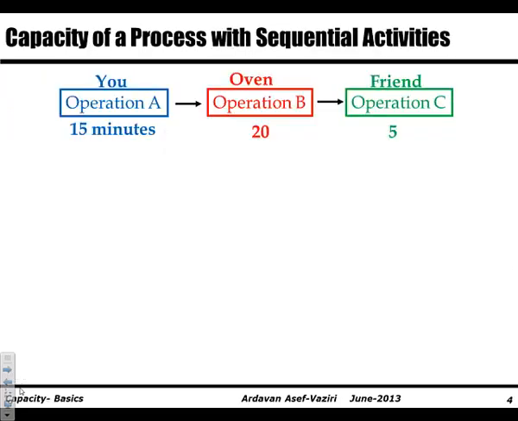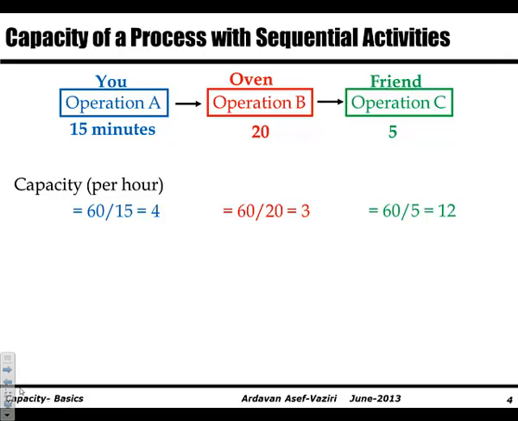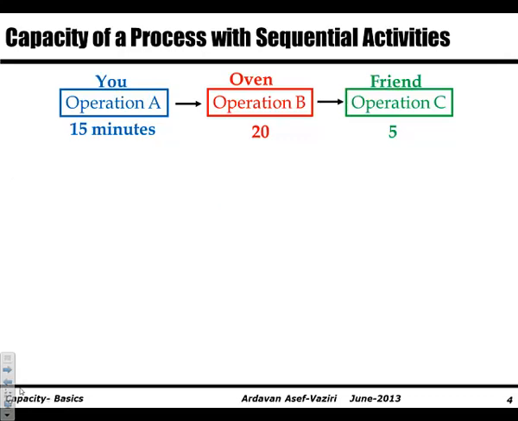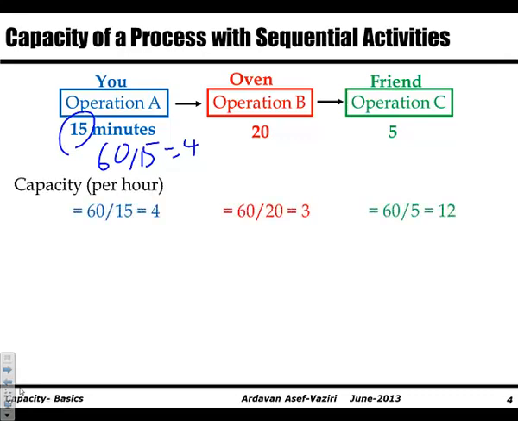We have these operations, these resources, and these flow times at each operation, and we want to compute the capacity of each operation. The first operation takes 15 minutes. 1 hour is 60 minutes. 60 divided by 15 is equal to 4. Therefore, the first operation's capacity is 4.